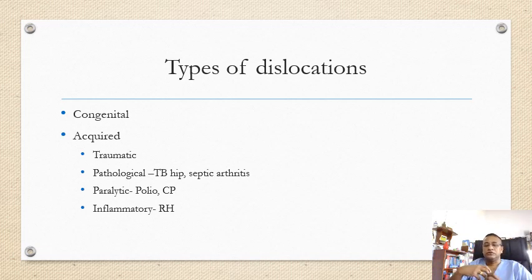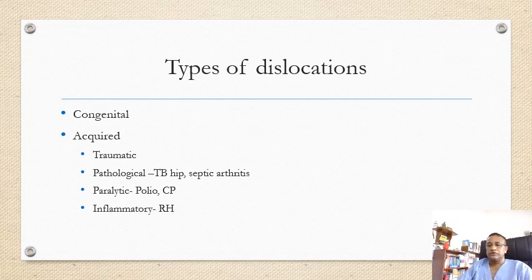So due to hyperlaxity, the joint gets dislocated. It's congenital, it's genetic. Then coming to acquired, the most common type is traumatic, due to any sort of trauma. It can be RTA, sports injury, or domestic injury. The joint gets dislocated due to trauma.